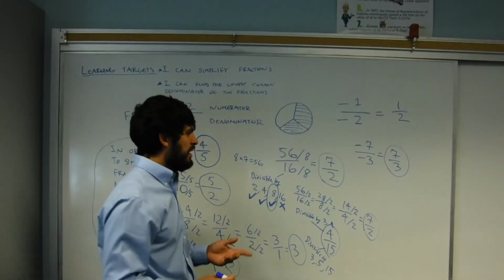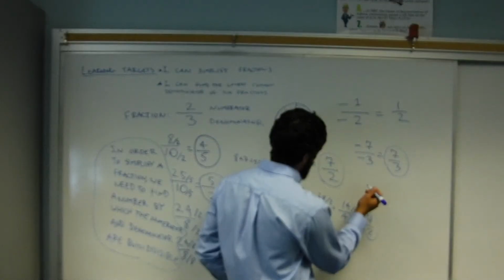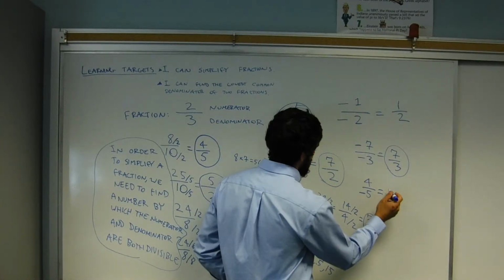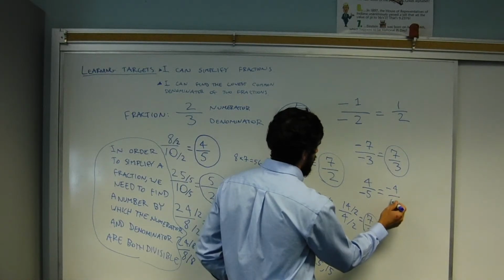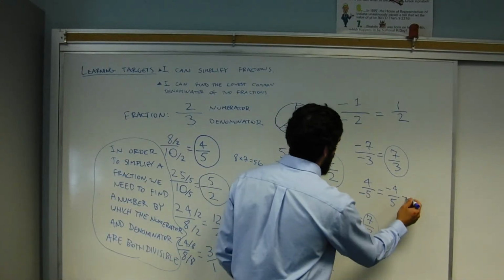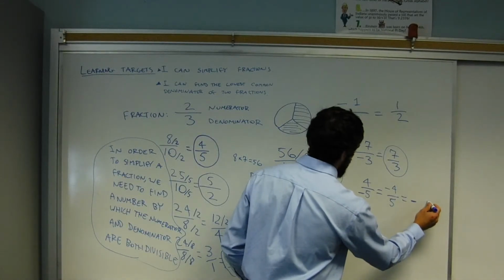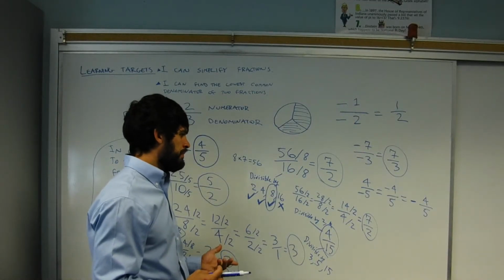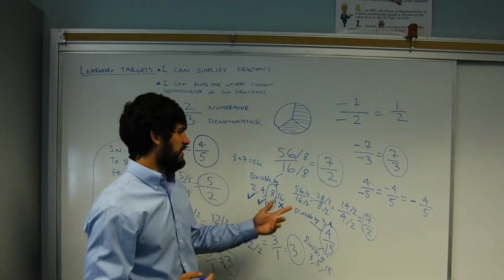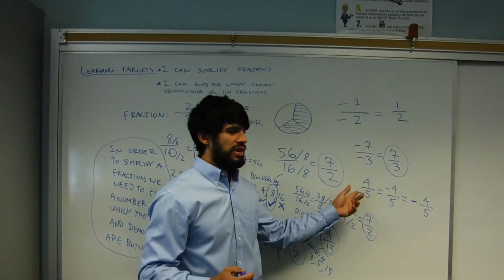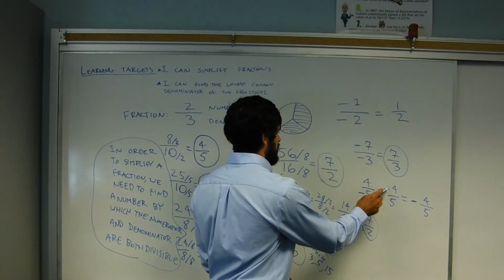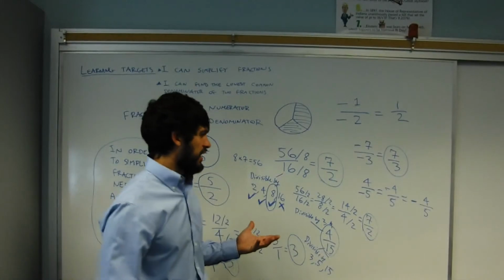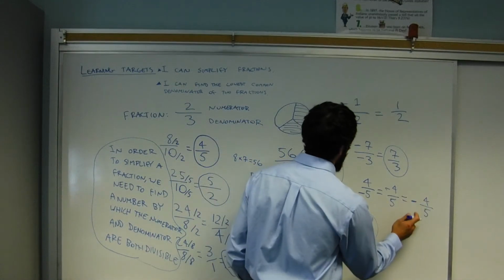Additionally, our convention is usually, if we have 4 over -5, that is the same thing as -4 over 5, and often we'll just put the negative sign in front and call it -4/5. If there's one negative on either the numerator or denominator, we usually like to put it on top, although these two fractions are equivalent, and we can just put it in front of the whole thing if we want.